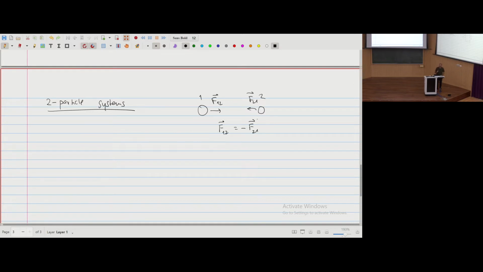So we want to conclude something about the system as a whole, not just one particle. So we start with the single particle momentum equation, because that is what we have established, that is what we have developed.